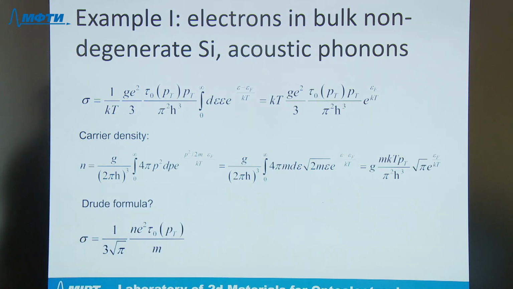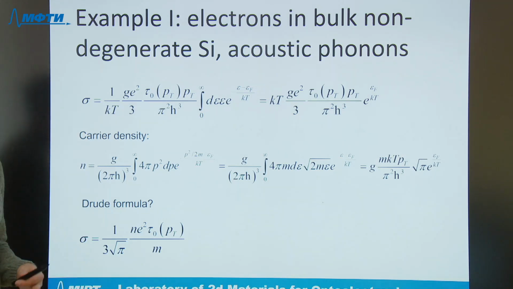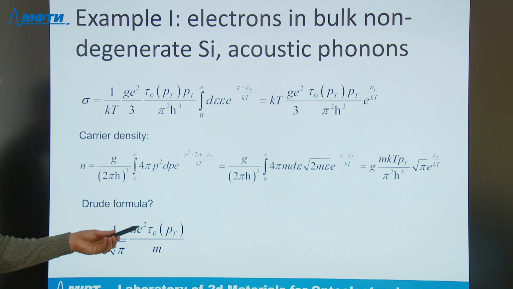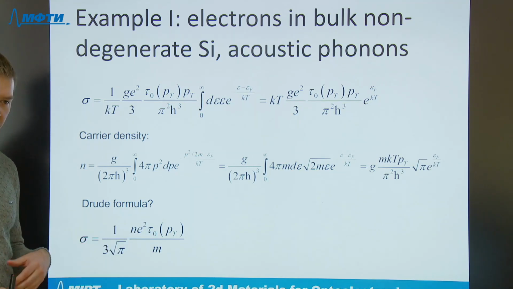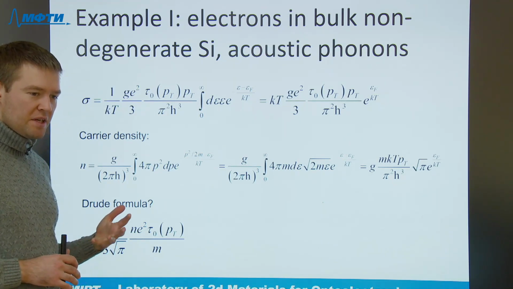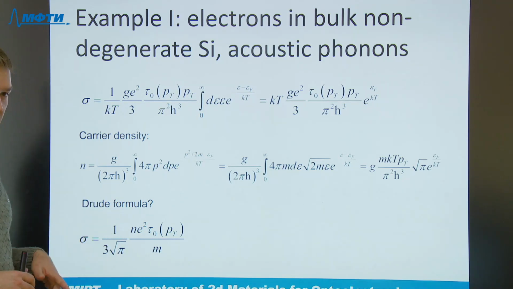The result is shown in the bottom part of my slide. You actually get the Drude formula, but probably with some numerical prefactor. So you get the carrier density multiplied by elementary charge multiplied by tau 0, which is the momentum relaxation time evaluated at characteristic thermal momentum, divided by mass, and probably some correction factor.